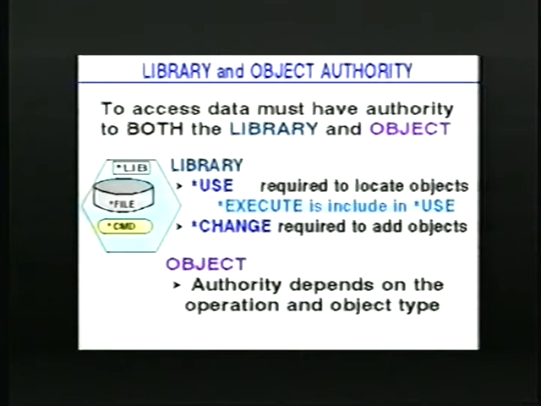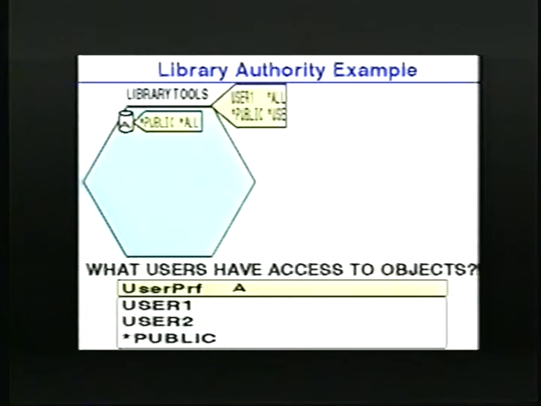Let's take a look at an example here and see if you understand the use of object authority and library authority. Remember, you must be authorized to both the library and the object. Here we have an example of library tools with user 1 having all authority to library tools and the public having use authority to library tools.